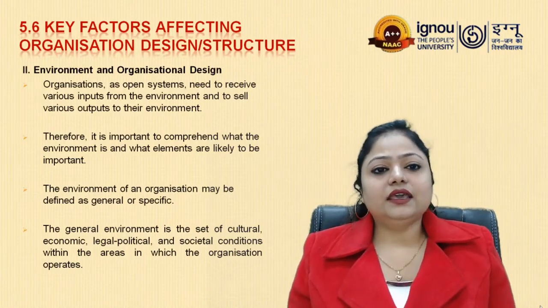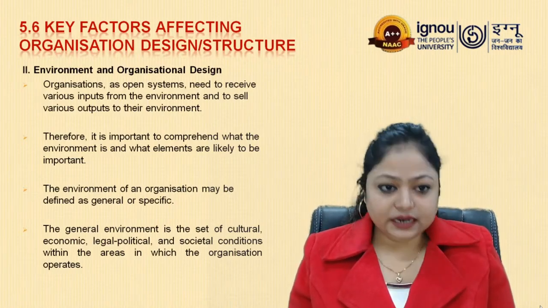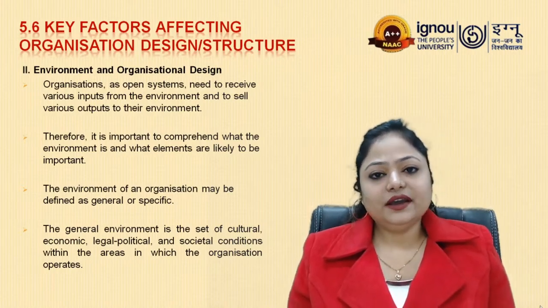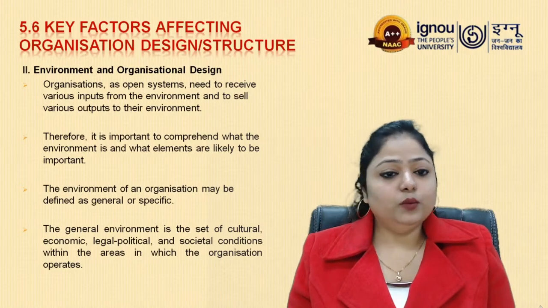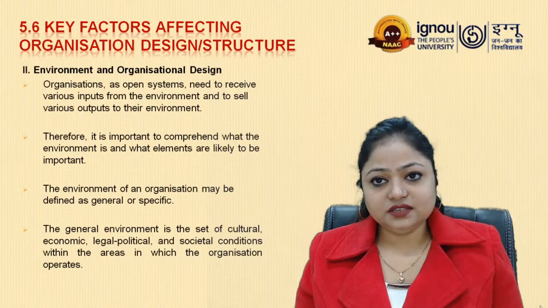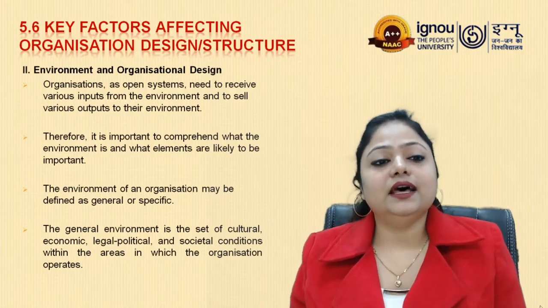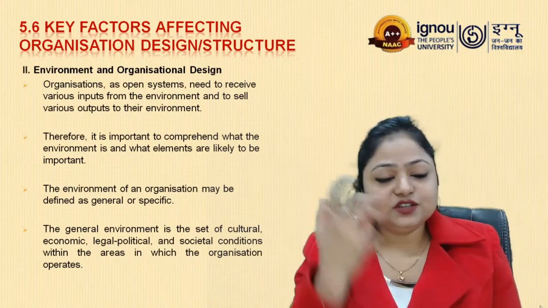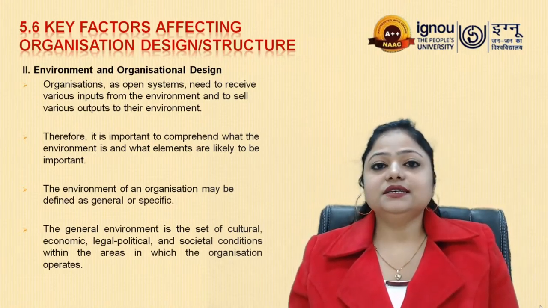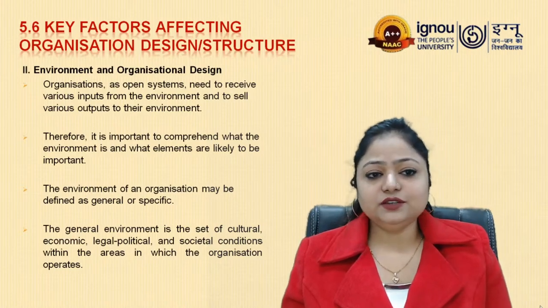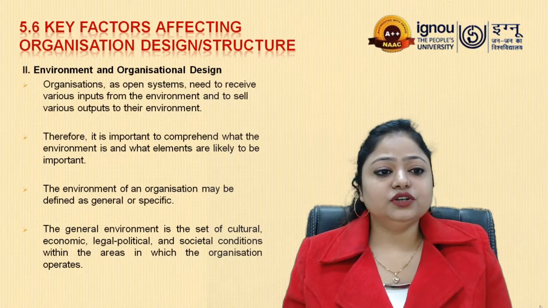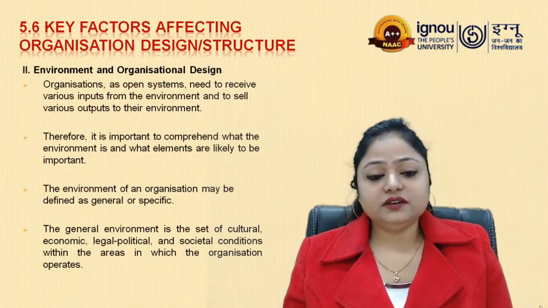Then the second key factor, which we have already dealt with, is the organizational generic and specific environment. An organization is an open system, as we have already discussed when we were discussing various concepts in human resource development, and in the first two units of organizational theory and design as well. Organizations are open systems and need to receive various inputs from the environment, and the output is meant for the outer environment.